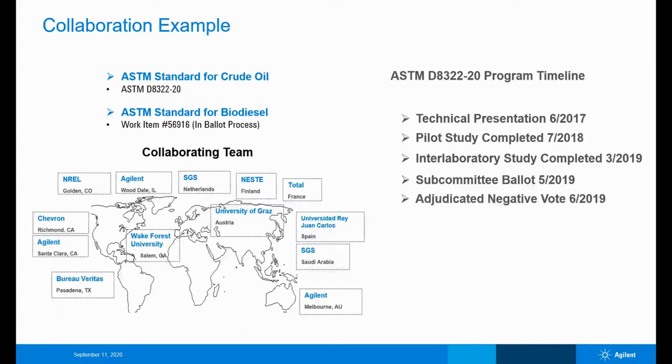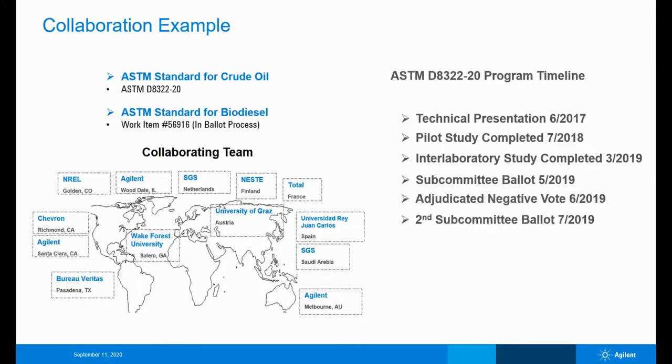That ballot submitted in May of 2019 received a negative vote, which required adjudication and resolution. The negative vote could not be resolved without significant changes to the standard.